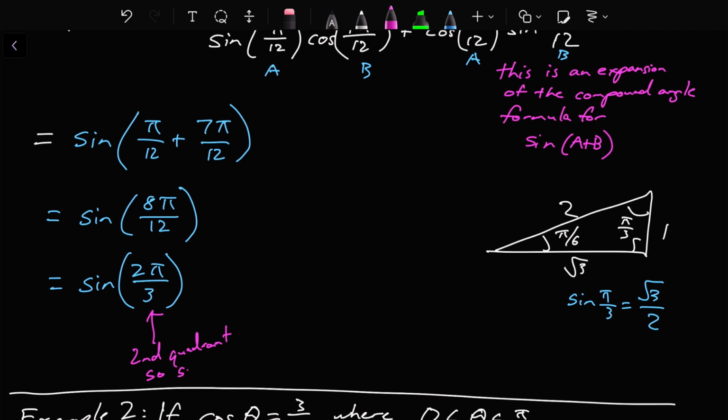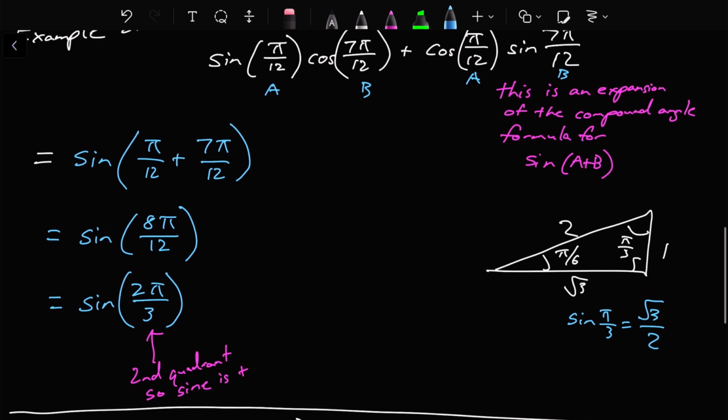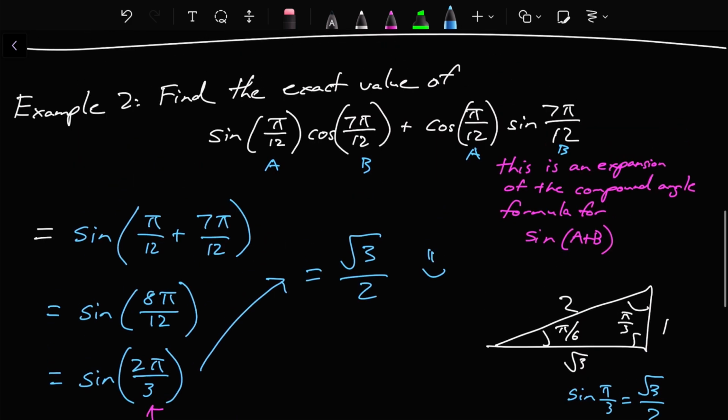So sine is positive, and I can just keep it as it is, which is equal to root 3 on 2. Cool. Good to go. Which I can guarantee you would have gotten if you did all of this with some yucky double angles, but why bother? Just add them together.